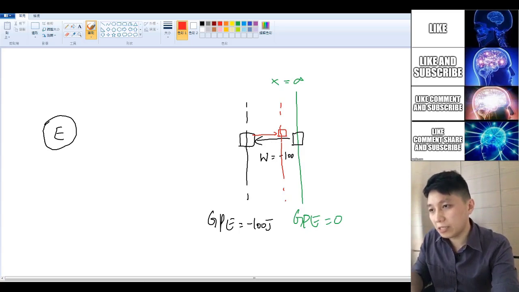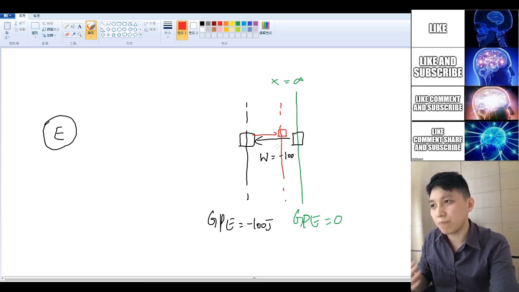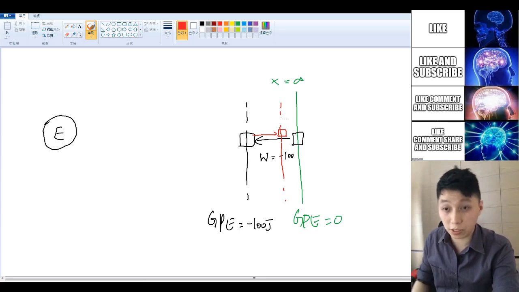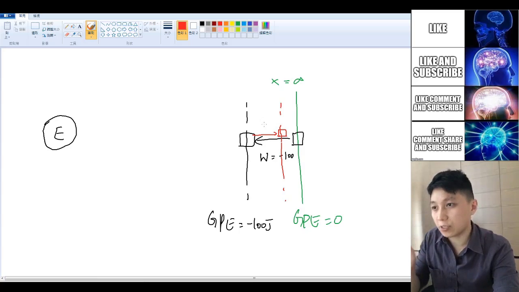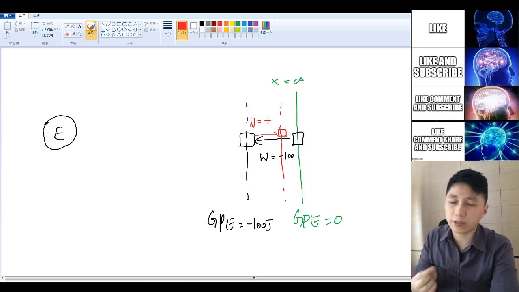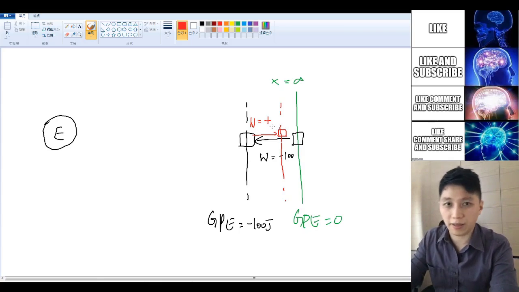So if this object wants to go to this position, it must be provided by an external force to push this box towards this position. And that force must have performed a positive work done onto this, right? You have to give energy to this. I think this is very logical.